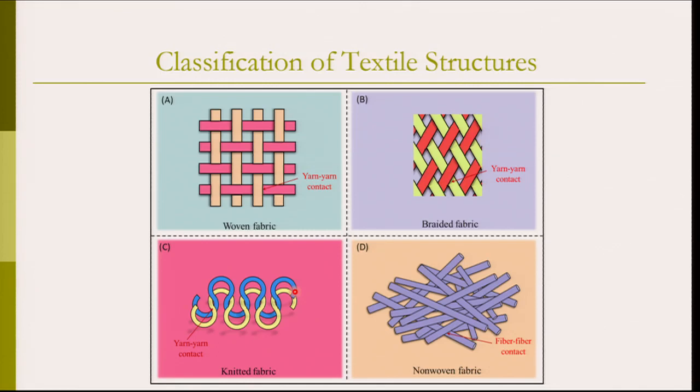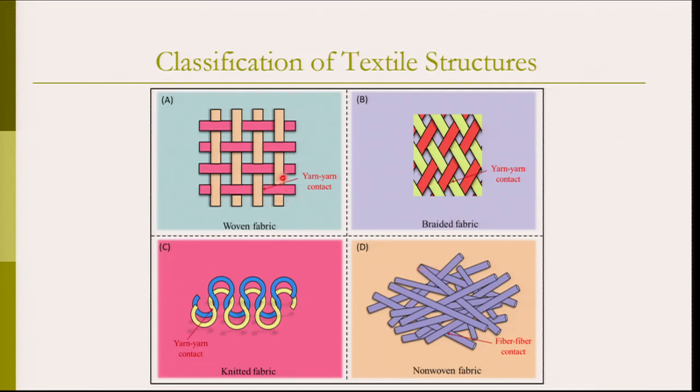And then the last one is a very disordered fiber network, which we call a non-woven fabric, shown here in figure D. You can see here that the structure is oriented either in a random manner or in some sort of stochastic manner, forming a non-woven fabric by means of certain contacts. So in all these structures you can actually see that yarn to yarn contacts or fiber to fiber contacts are taking place.